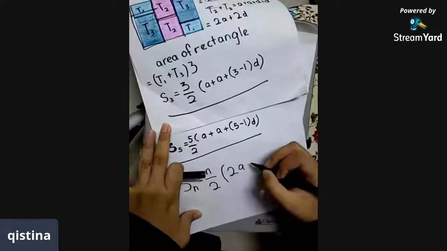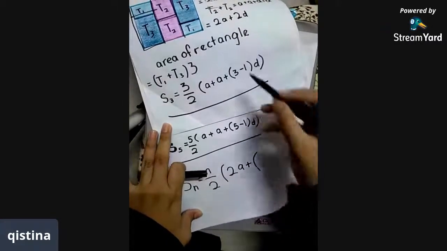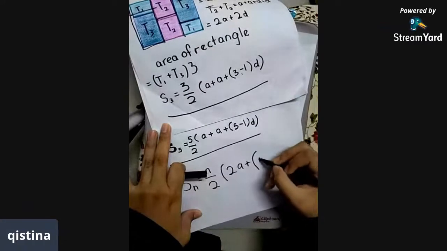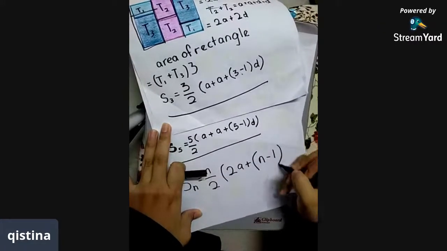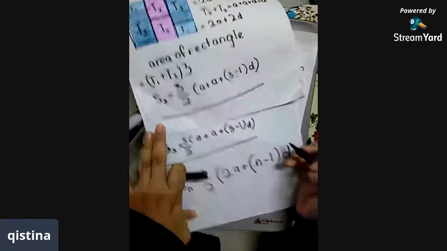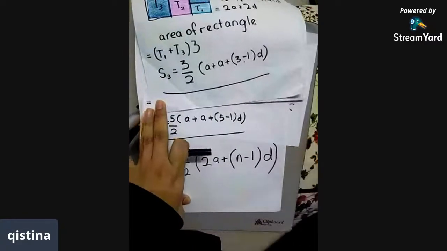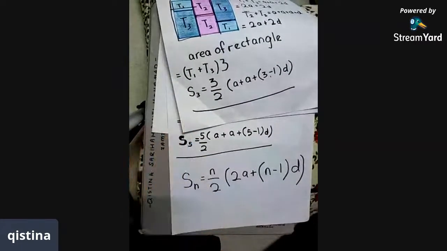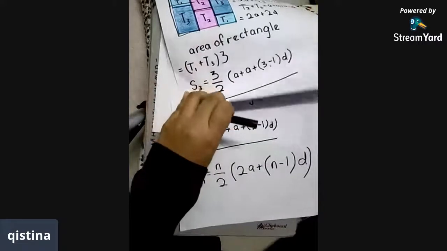And this one is n, so plus, 3 and 5 is n, so n minus 1 d. Okay, so now let's compare it to the real formula.